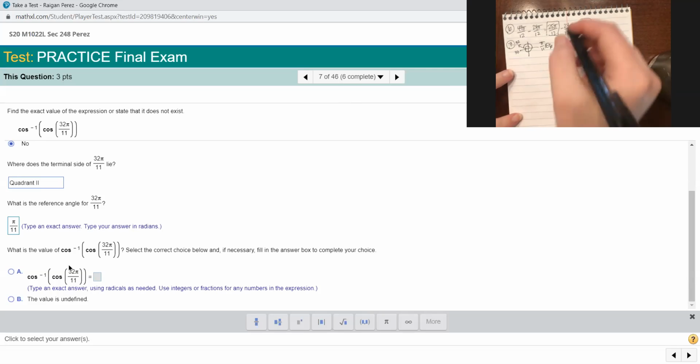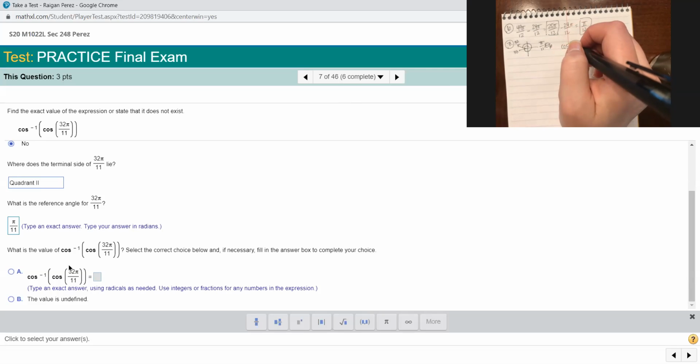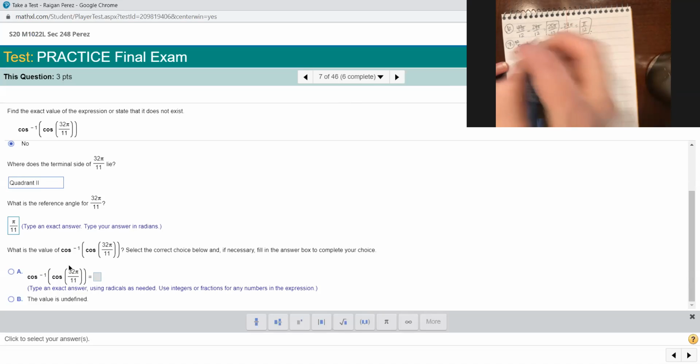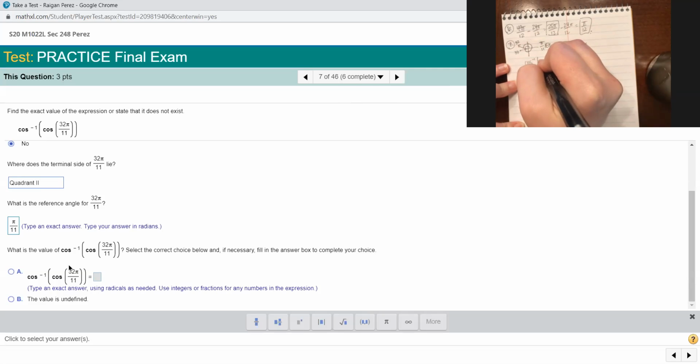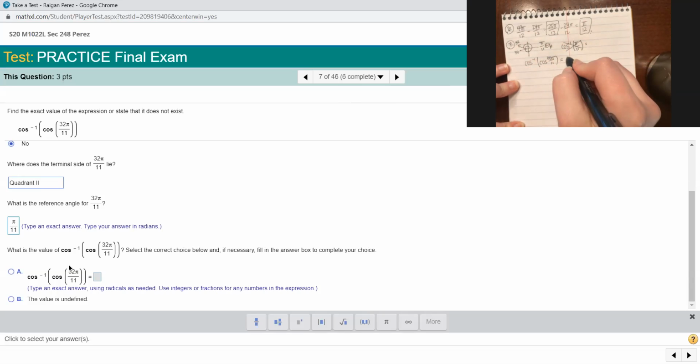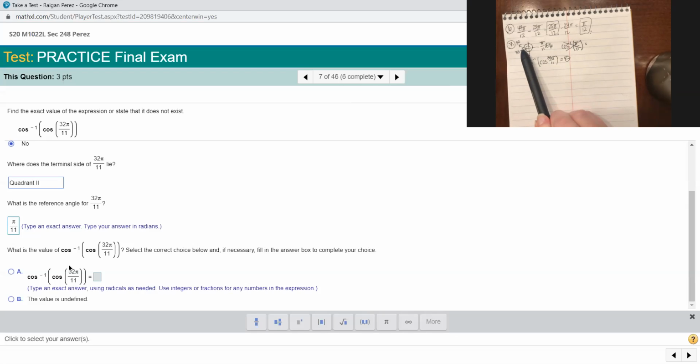Oh, no, I'm sorry, I wrote that wrong. So, hang on. Cosine inverse of this 32 pi over 11 is an angle, basically, right? So I know it's supposed to be the pi over 11 angle that's right here, but it can't be 32 because it's too big, right?